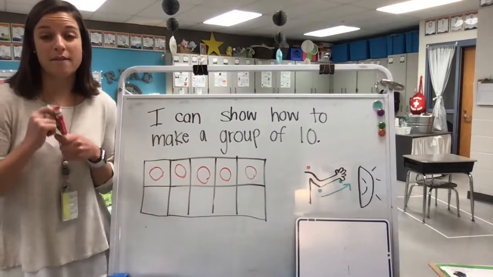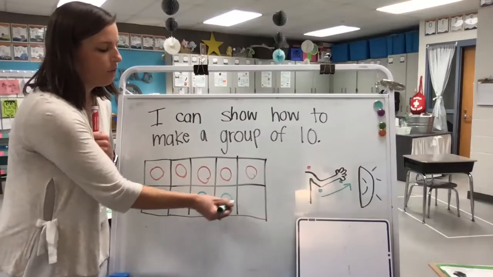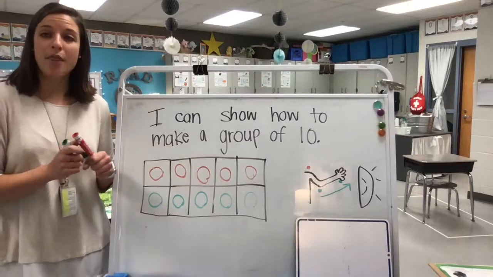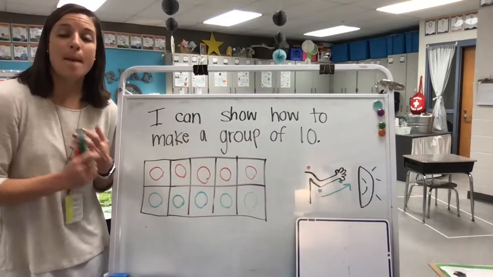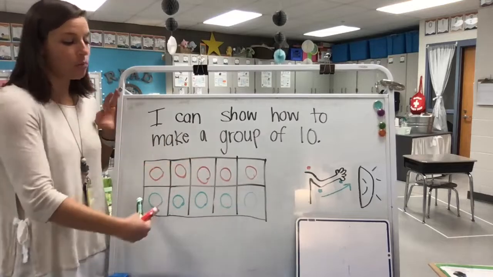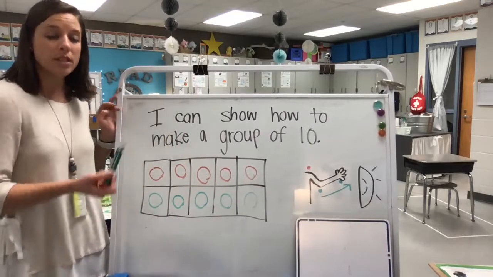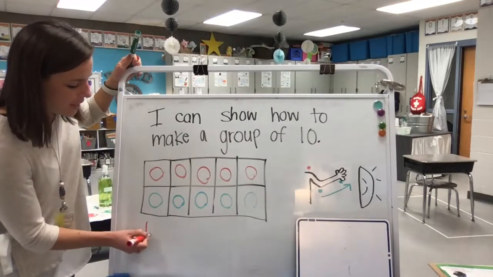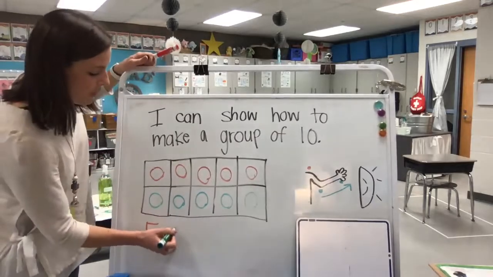And I'm also going to give your brother 1, 2, 3, 4, 5 cookies. So all together, you and your brother have 10 cookies, but you have 5 and your brother has 5. You each get a group of 5. All together, that still makes 10. So another way to make 10 is with a group of 5 and a group of 5.